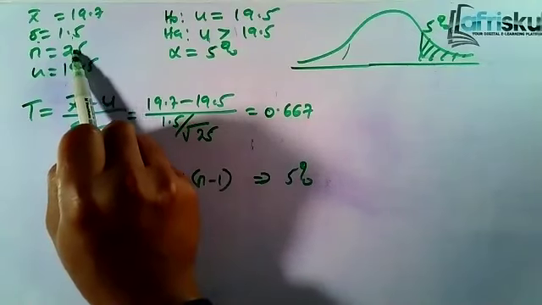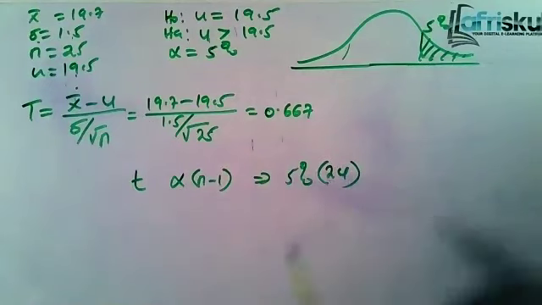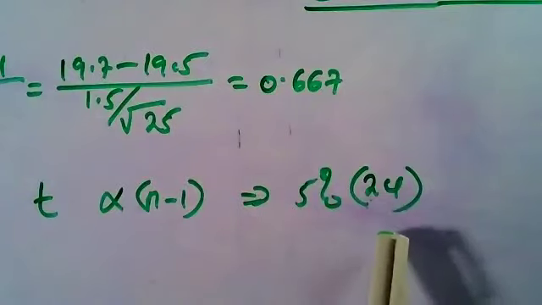Kumaanisha n minus 1 will be 24. So, tuende kwa hiyo table. T table there. Unakuja kwa T table. We are looking at 5%, 24. That's the degrees of freedom, itakuwa 24.